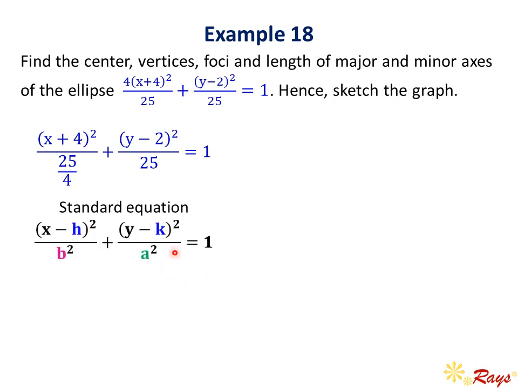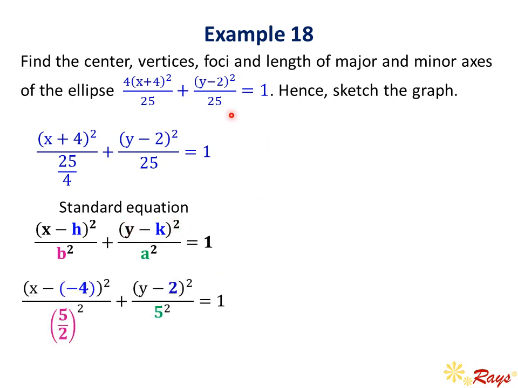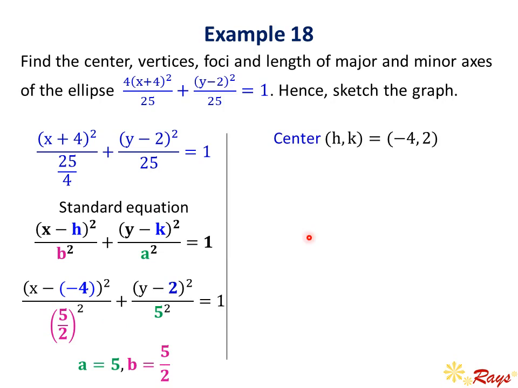So we have to make sure that a squared is the denominator for y squared. We rewrite the equation so that we can identify the center of the ellipse easily, which is negative 4, 2. And the value of A is 5, value of B is 5 over 2. So our center is negative 4, 2.